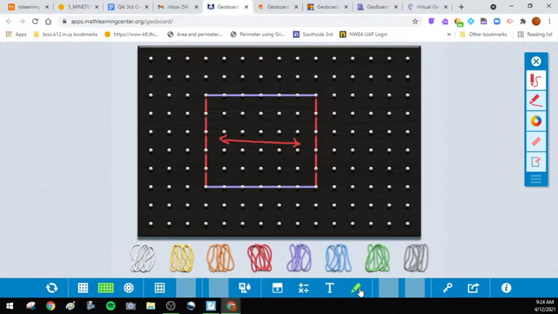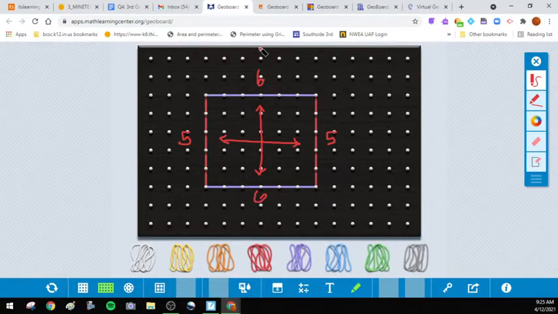So the red right there is equal, and the purple going this way, those are equal sides. So 5 and 6, 5 and 6.